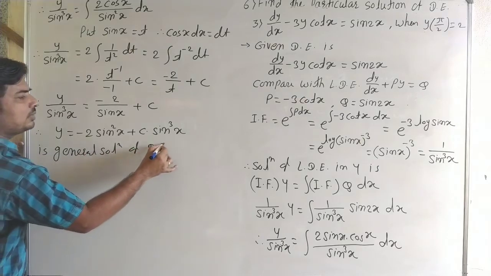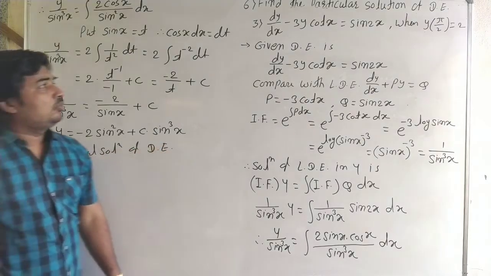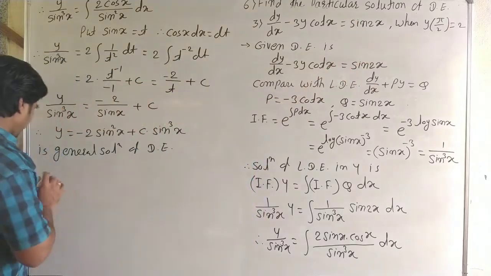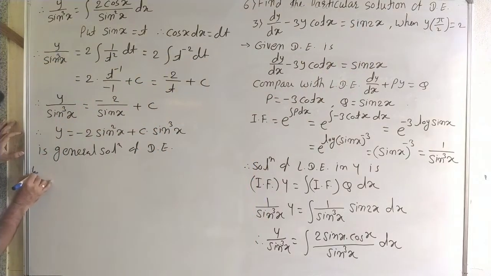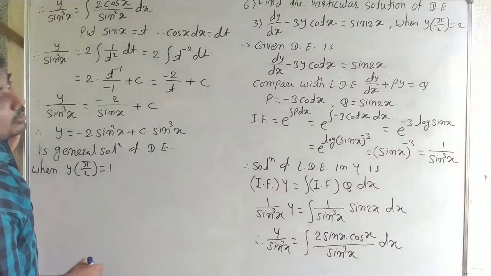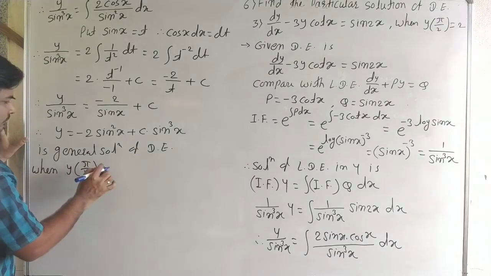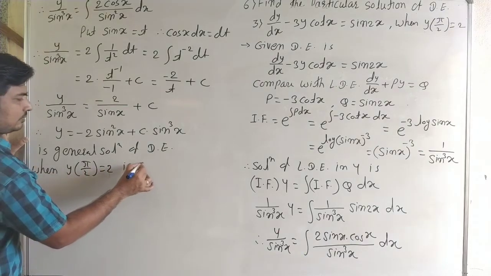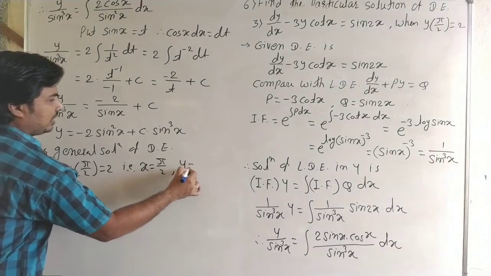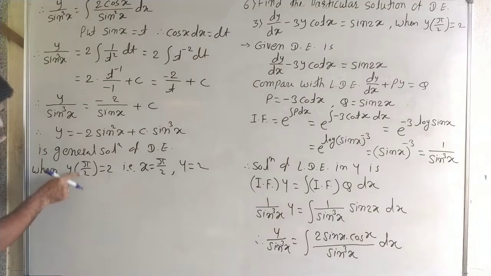Now we want to find the particular solution when y of pi by 2 is equal to 2. Here y of pi by 2 means x is equal to pi by 2 and y is equal to 2.